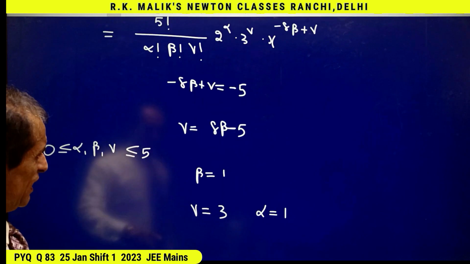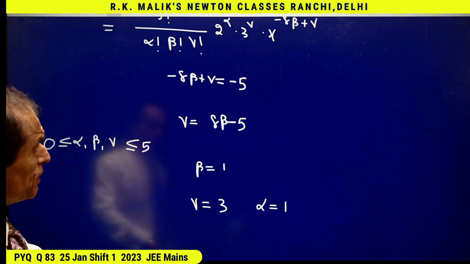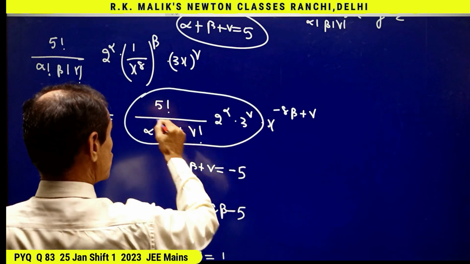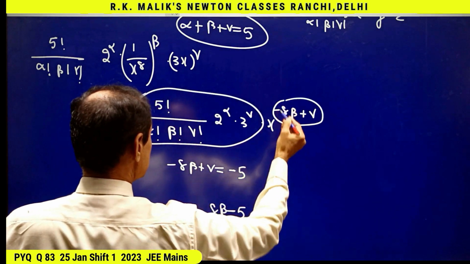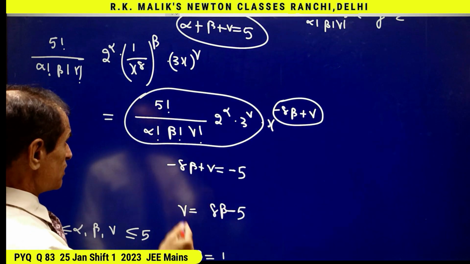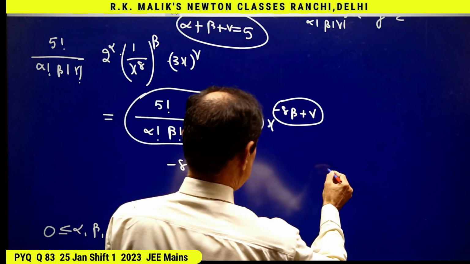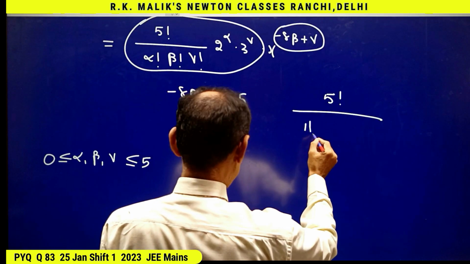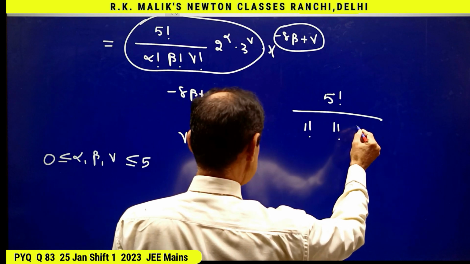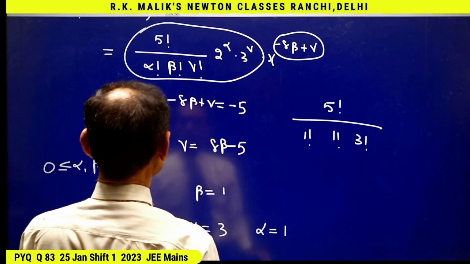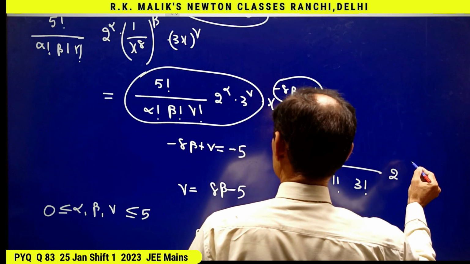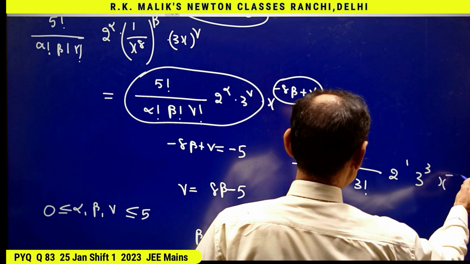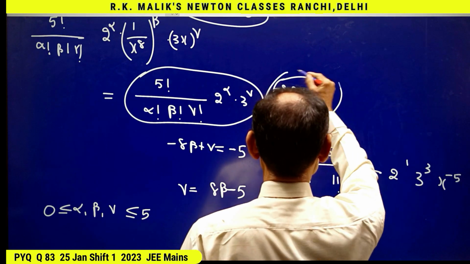And now putting these values of alpha, beta, gamma in this expression, this becomes the coefficient and this will become minus 5, and calculating it I get 5 factorial upon 1 factorial, 1 factorial, 3 factorial, and 2 to the power 1, 3 to the power 3, x to the power minus 5 is this term.